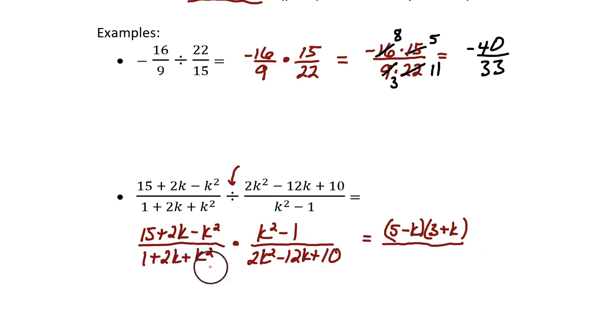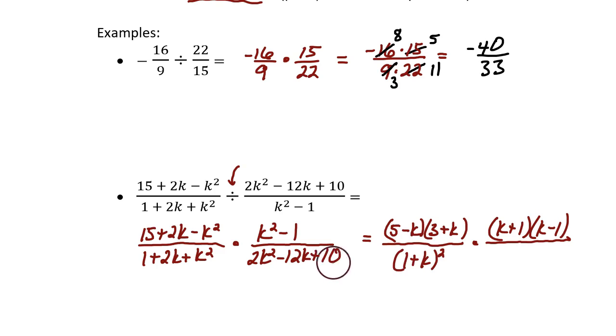The trinomial on the bottom is a perfect square trinomial, and it factors as 1 plus k squared. K squared minus 1 is a difference of squares, and it factors as k plus 1 times k minus 1.